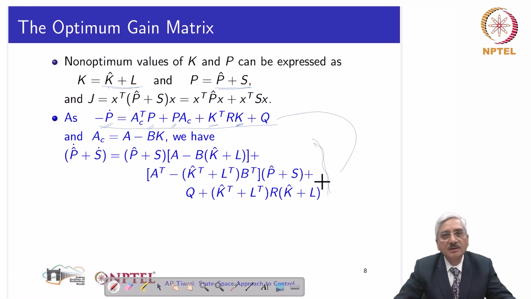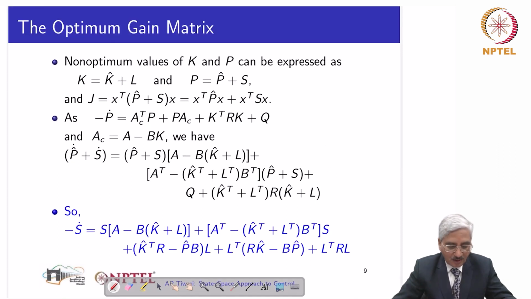Simply a substitution of P hat plus S in place of P and K hat plus L in place of K gives this. We do the mathematical manipulations and then we get this.